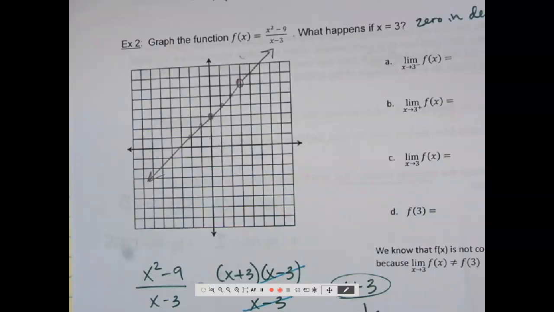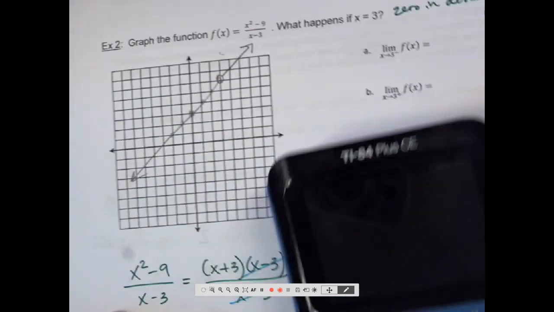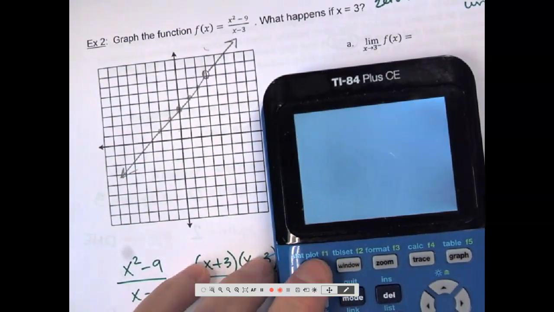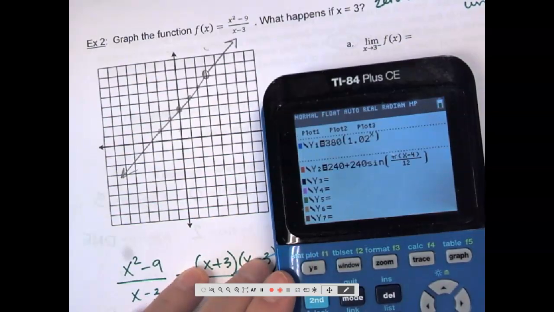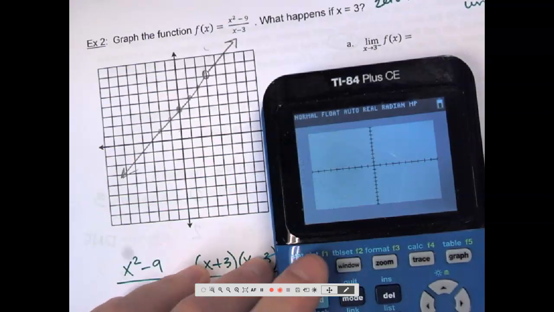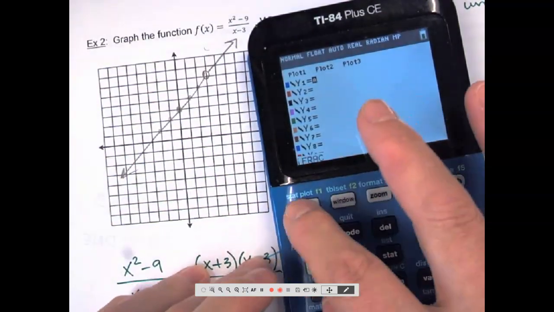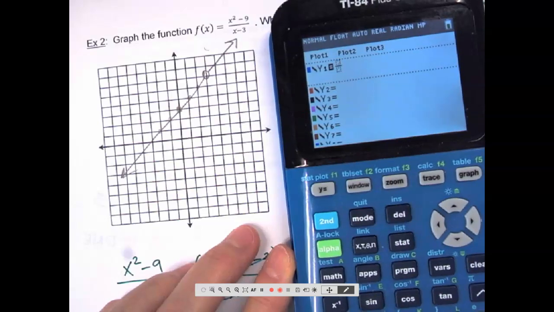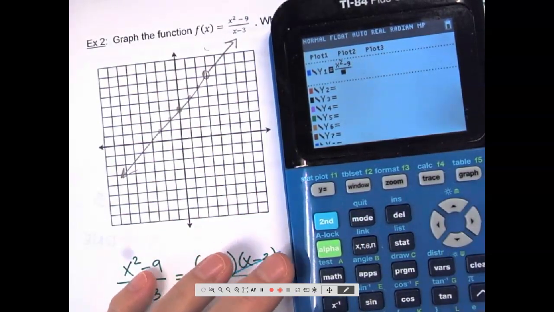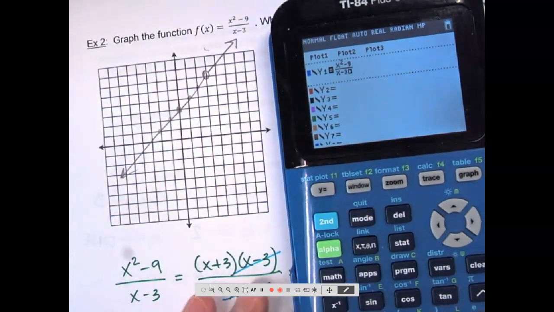Okay, now if we graph that on a graphing calculator, let me just show you super quick on mine. You're not going to see the hole, so it's very deceiving. I think it just doesn't have the capability to do that. All my things set up here. Watch this. I do x squared minus 9 over x minus 3.